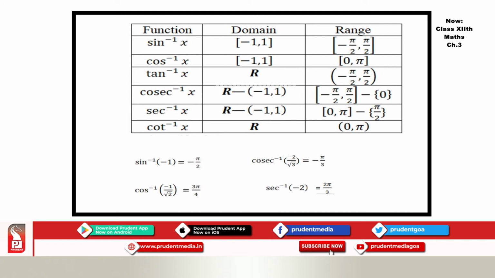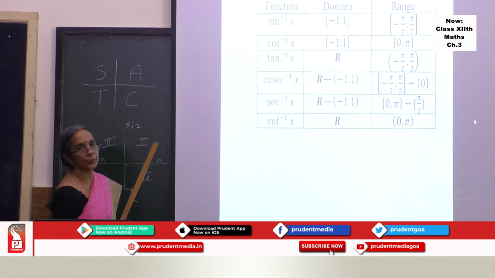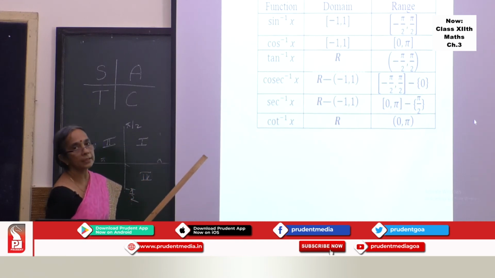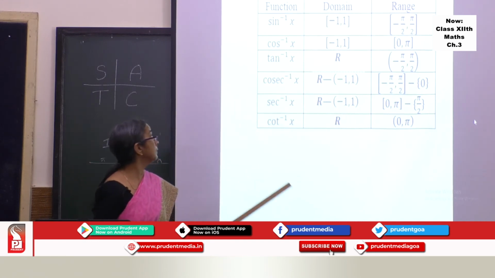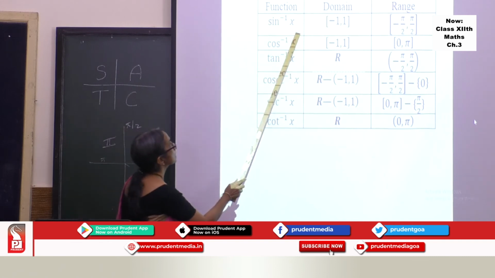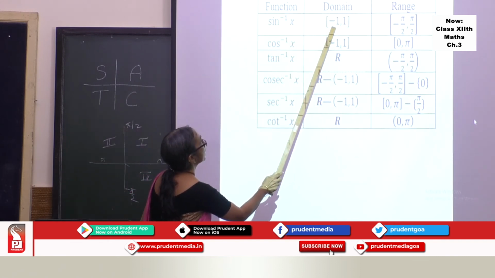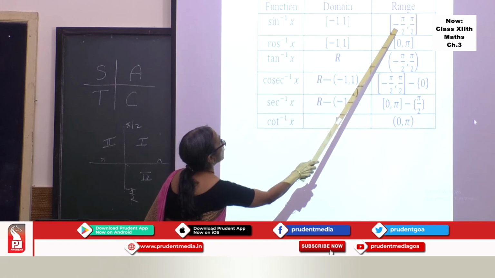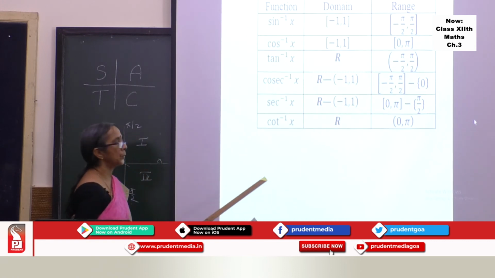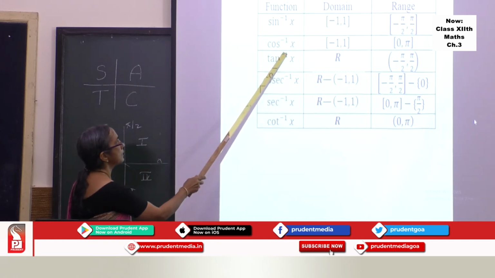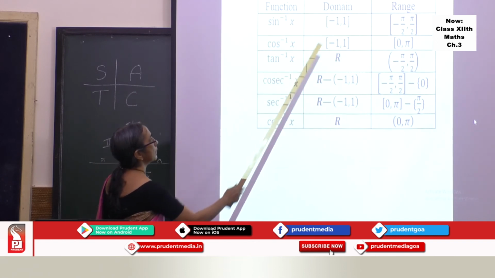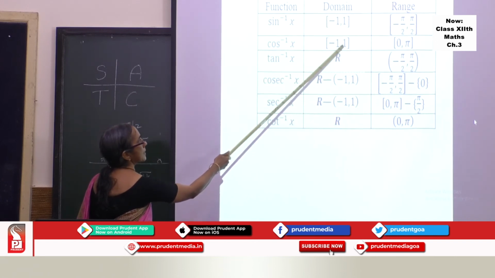If you learn this, it is easy for you to find inverse values. Sin inverse of x, domain minus 1 to 1, range closed interval minus pi by 2 to plus pi by 2. Cos inverse of x, closed interval minus 1 to 1, the domains are the same.